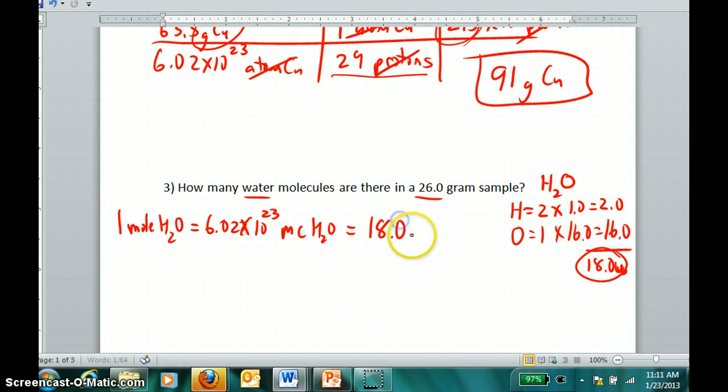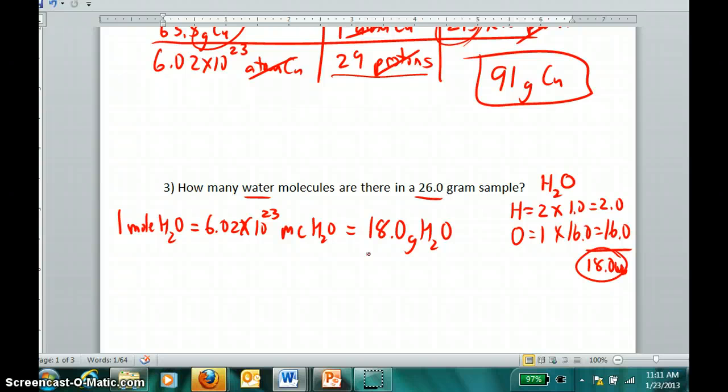So it equals 18 grams of water. But the trinity is always true. 1 mole of whatever you're talking about equals Avogadro's number of whatever you're talking about. We're talking about molecules in this case. And it also equals the gram formula mass. And the formula mass of a molecule is called a molecular mass, but still its gram formula mass is the same number, but written in grams.